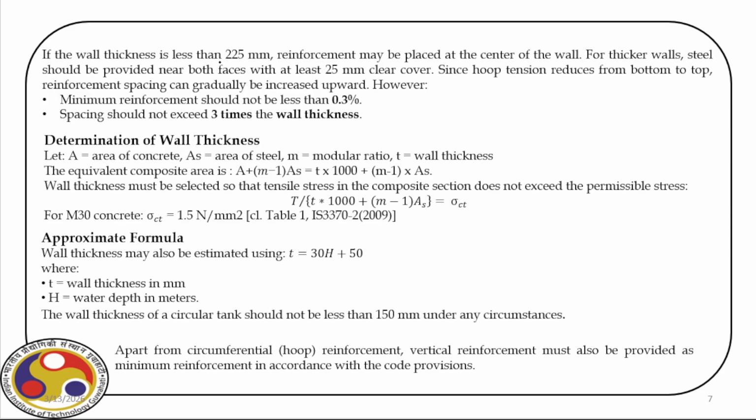Now, if the wall thickness is less than 225 millimeter, then the reinforcement may be placed at the center of the wall because thickness is less. For thicker walls, steel should be provided near both faces with at least 25 millimeter clear cover. So this is the minimum clear cover we have to have for a storage tank.